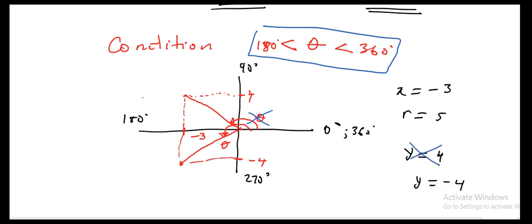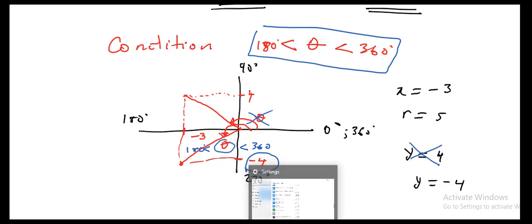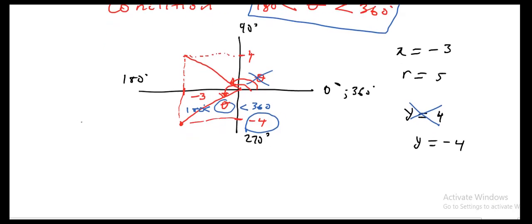The right one is where y must be negative, because this angle theta is between 180 and 360 degrees. This is what we are supposed to do in order to solve this kind of problem. Therefore the right one will be y negative.